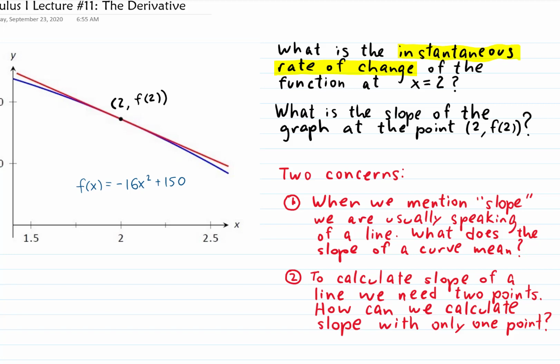Okay, and that line is called a tangent line because it's touching the parabola in one point only. It's called a tangent line. And the slope of the tangent line, we call that the slope of the parabola at that point.